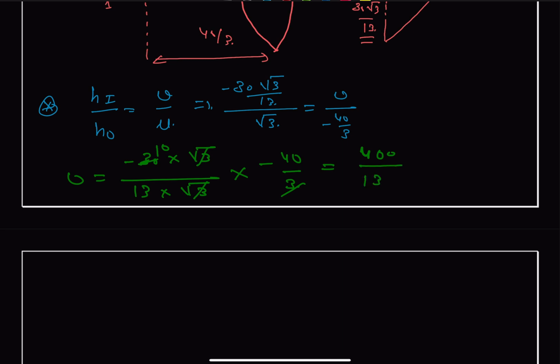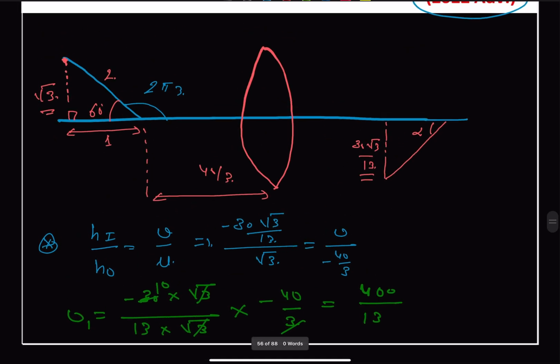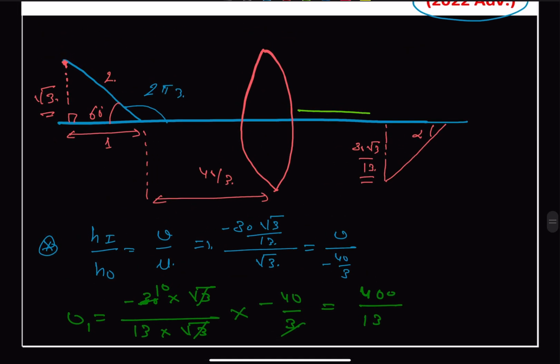Let us call this V1. So we get this distance as 400 divided by 13.